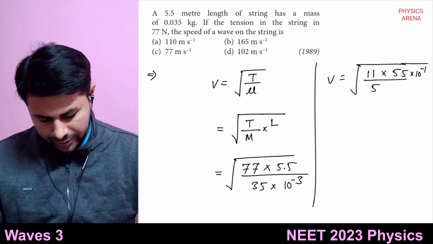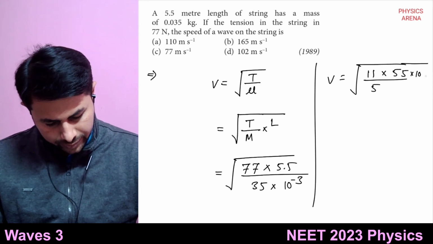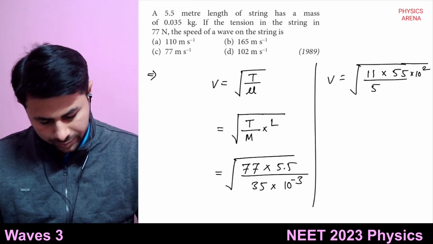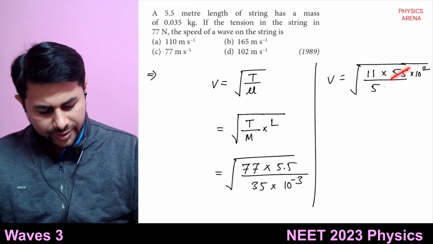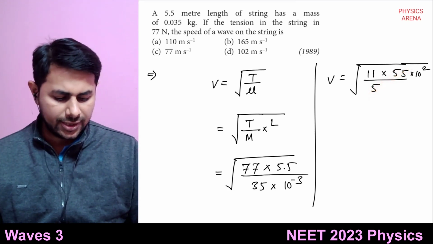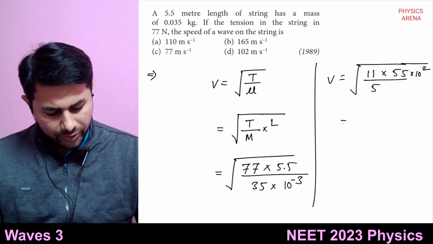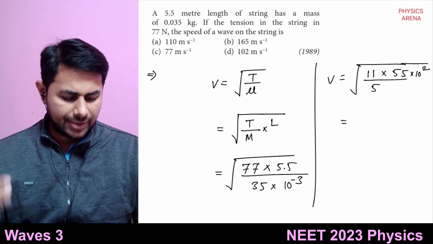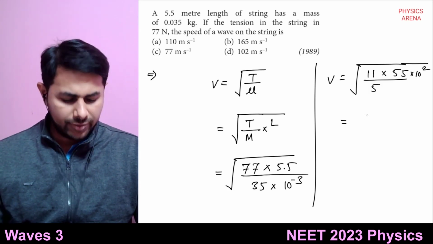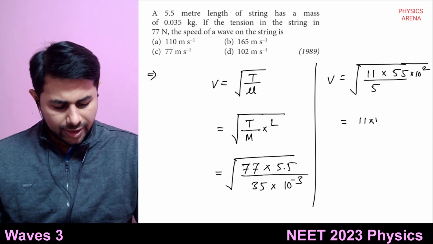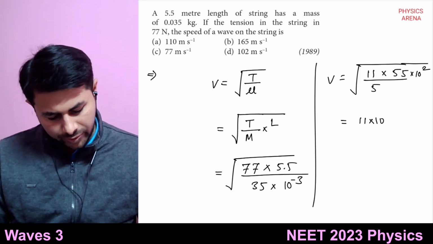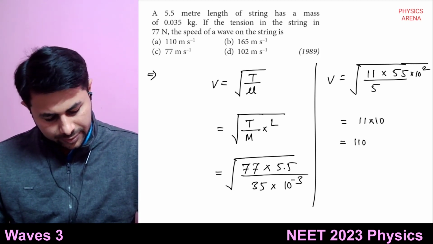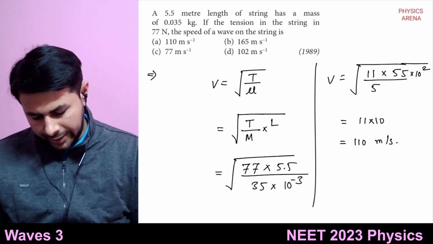Plus 3 minus 1 is 2, so 10 raised to 2. If we divide this by 5, it is 11. So we have 11 squared multiplied by 10 squared in the numerator. The square root will be 11 multiplied by 10. So 110 is the answer, right? Option A.